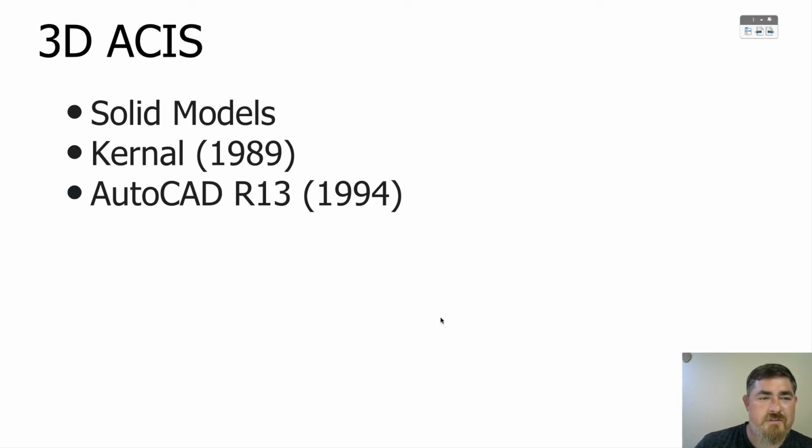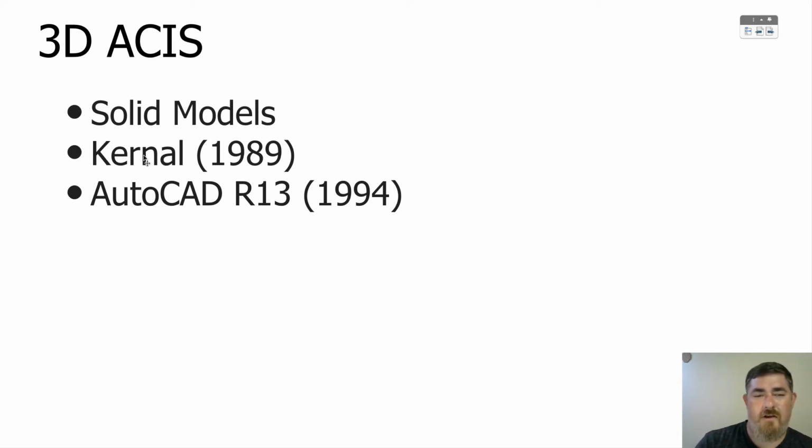The next thing was 3D ACIS solids. This was a modeling kernel that was released in 89. A kernel is a piece that goes into a program to make it do something. They developed that kernel that could make these solid models that had mass, they had volume, and you could add and subtract from them.